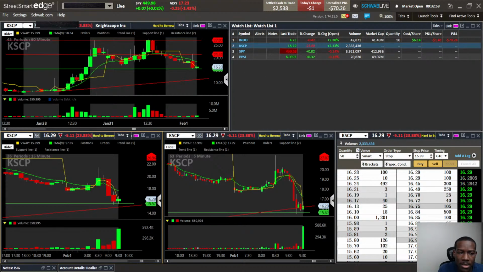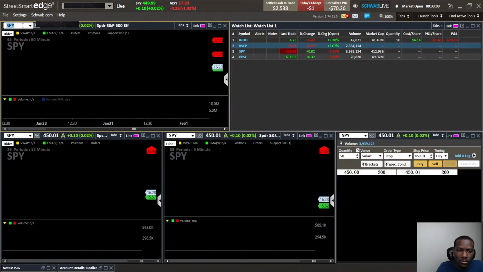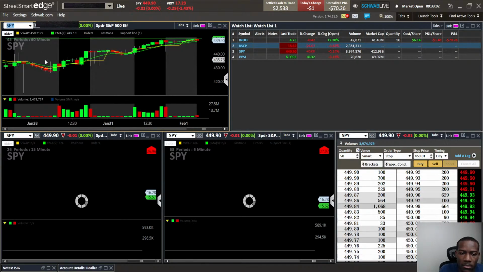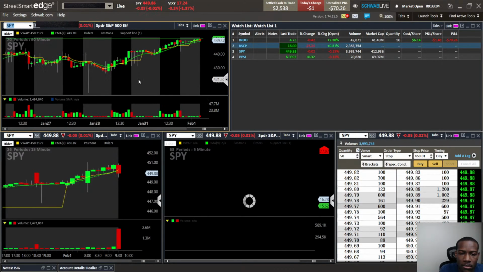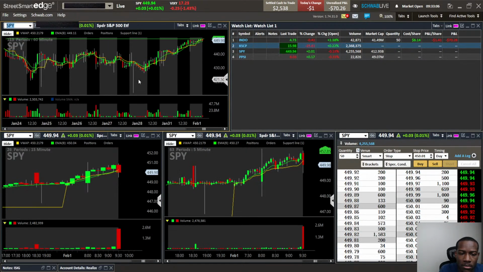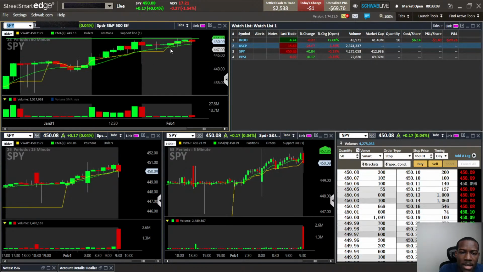Let's go look at the SPY real quick. SPY right up there at that 440 level. Will it get that push down through the 449?